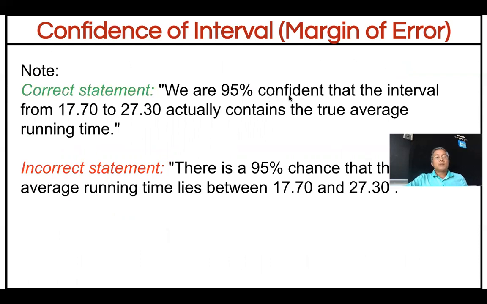But be careful, this one is an incorrect statement: there is a 95% probability that the true average running time is between 17.70 and 27.30. That's a completely different story, all right? So this is the incorrect statement, and this is the correct statement.